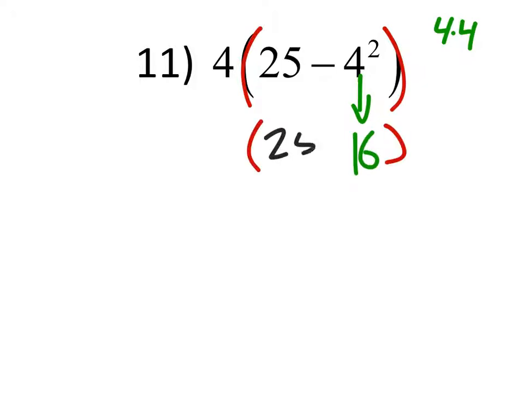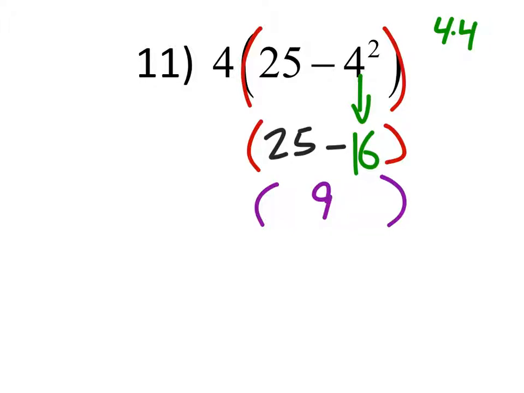So that's inside our parentheses. I've got 25 minus 16. Well, if you had 25 bucks and then someone took 16 bucks, how much would you have? 9 bucks, right? By the way, I still use my fingers on this kind of stuff. 24, 23, and then so forth, okay?